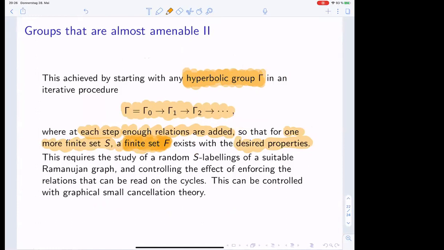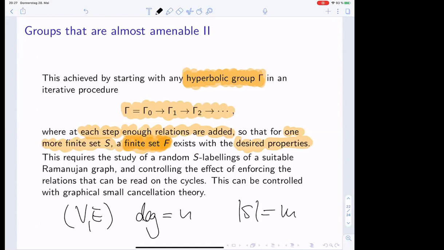The point is that if you have a graph, let's say one of these Ramanujan graphs, whose degree is equal to N, and the size of S is equal to M, then if you randomly label the graph by S, it will not satisfy any small cancellation condition unless M is a lot larger than N. But what is important for us is that it's enough to take M to be some polynomial in N. So it's just some finite power of N.